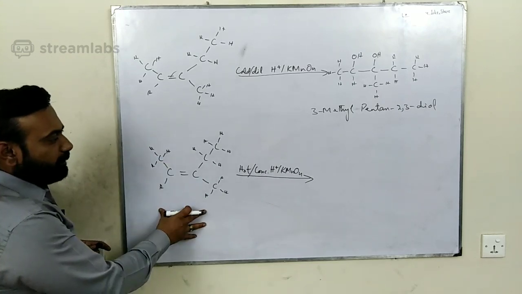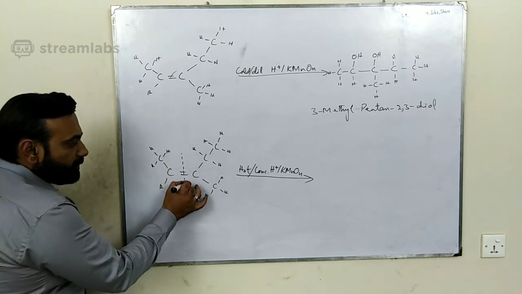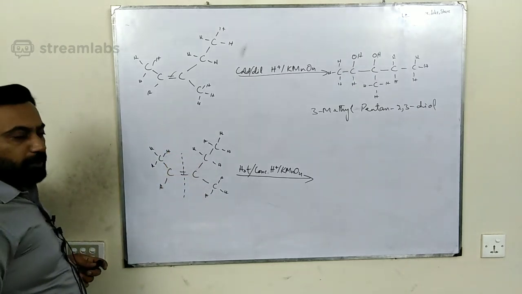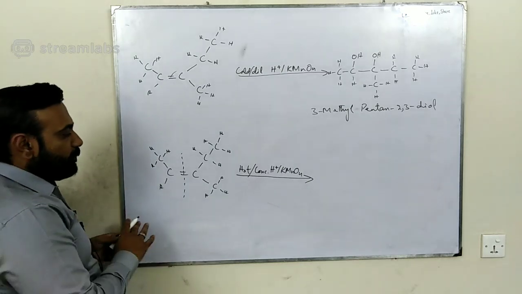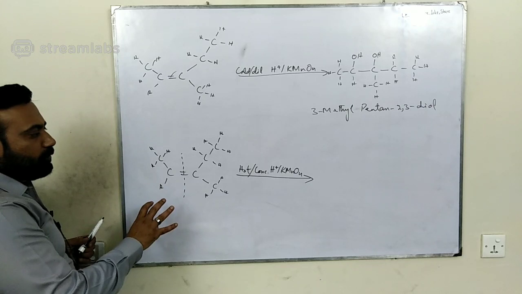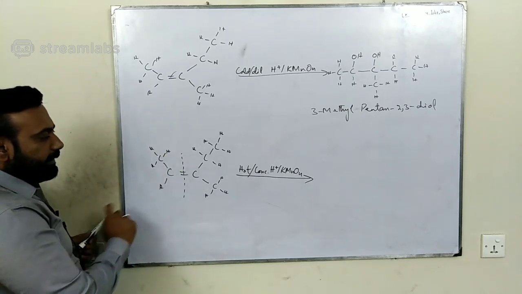Now let us move on to the complete oxidation of 3-methylpent-2-ene. In this case, both the bonds in the double bond would be broken, and after breaking these bonds, we have to check each side independently. First, let us check the left side of the molecule.